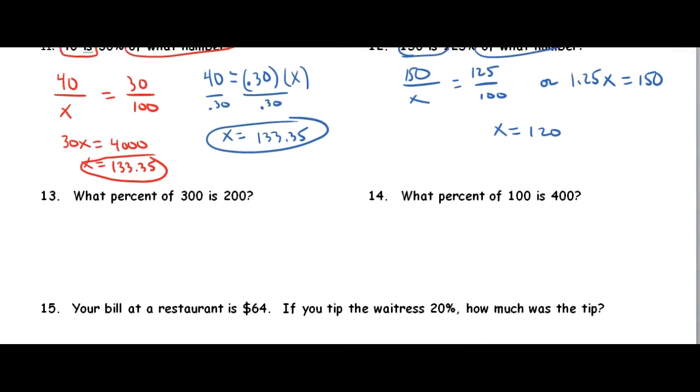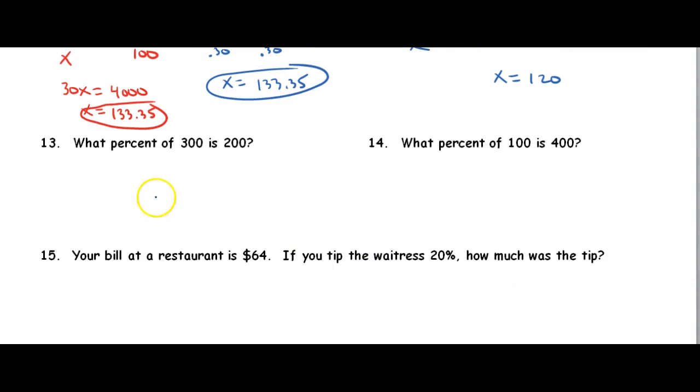Number 13. What percent of 300 is 200? So the of is 300, the is 200. So we get 200 is over of 300. Don't know the percent over 100.